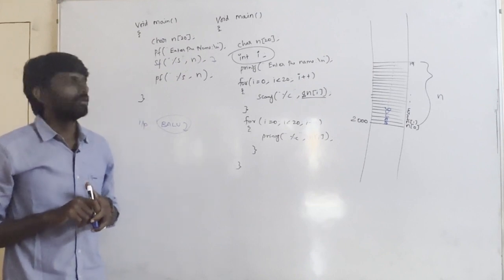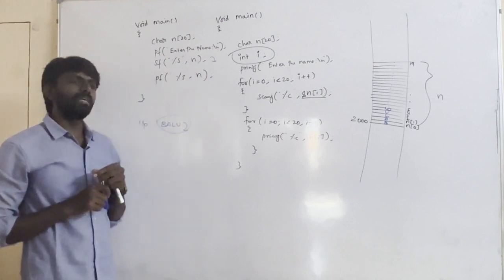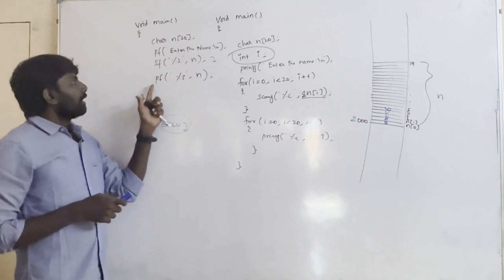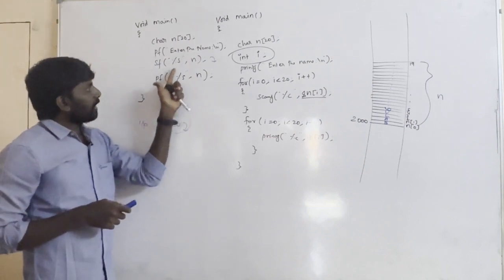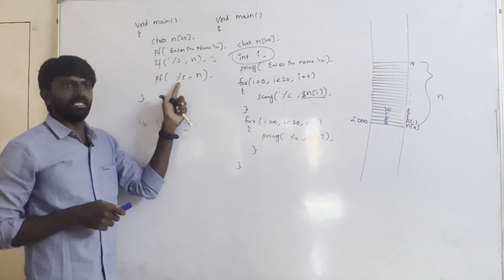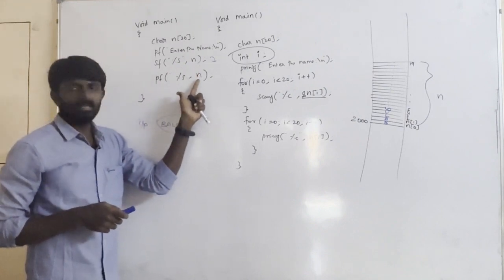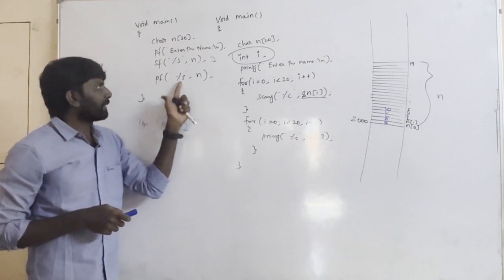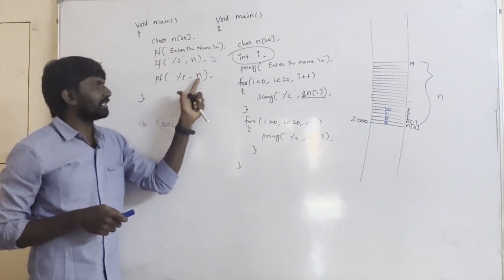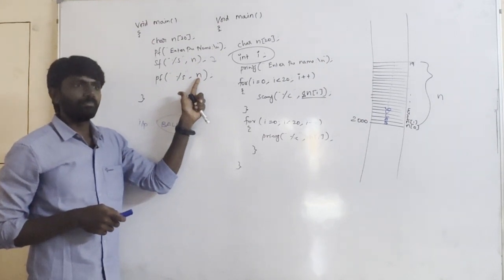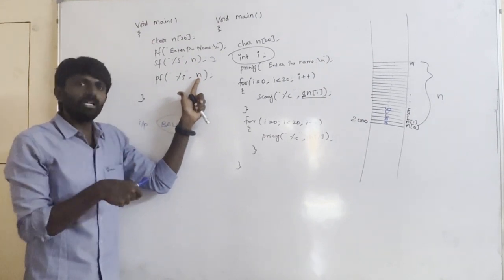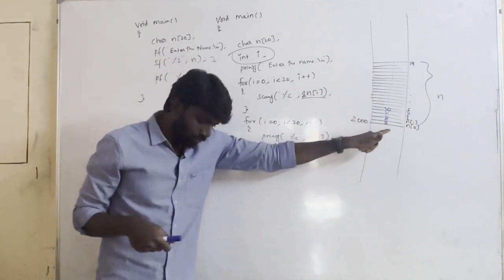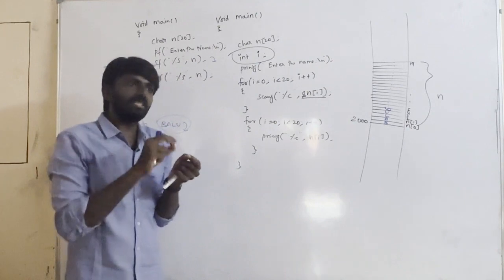Now let's understand how it helps us when we are using printf. When you are doing printf, we also have a format specifier %s, and here also we are giving the base address of the array. So when you are printing %s, you are giving the starting address of the array. Now the printf will take the starting address 2000. In the 2000 memory, whatever character is there, it will print.